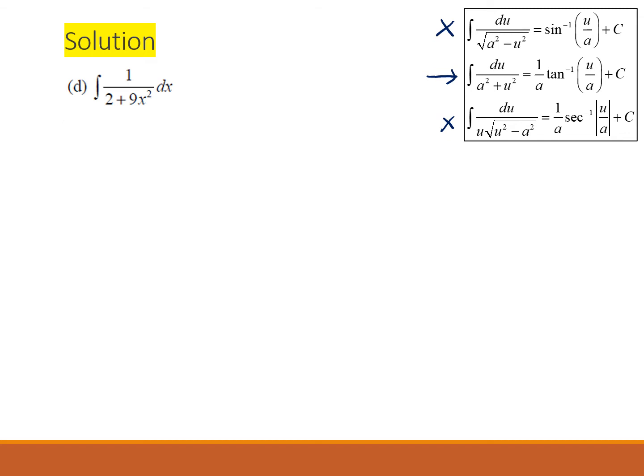Now if you notice this formula, the constant for u squared must always be 1. But for this question, it is 9x squared. So what we have to do is make sure that our x squared has coefficient 1. In order to do that, we factorize 9 out.